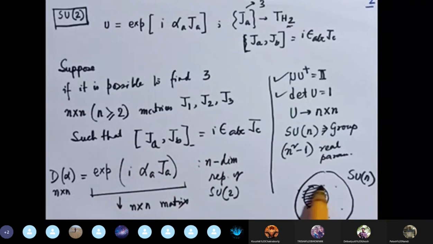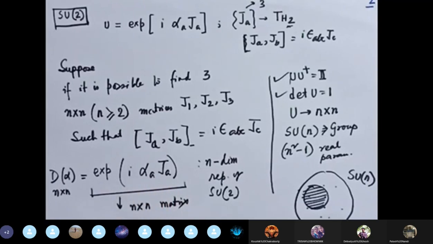Then this subgroup of SUN can represent the algebra of SU2, because within this subgroup every element can be written in terms of 3 generators only. Clear?